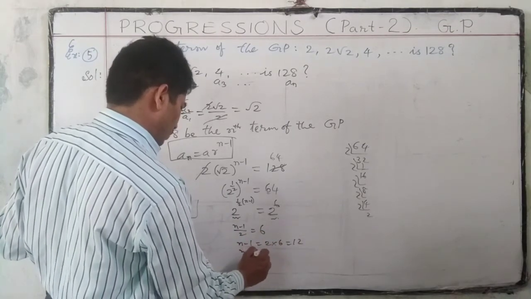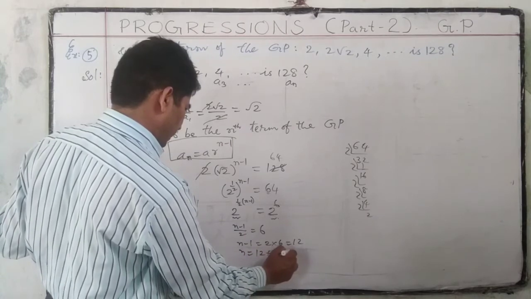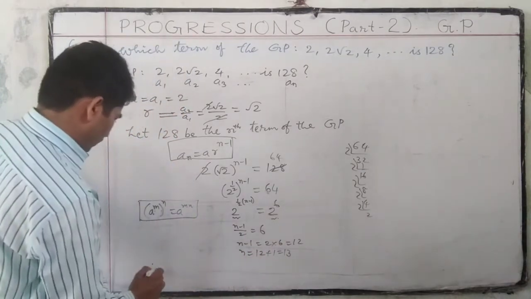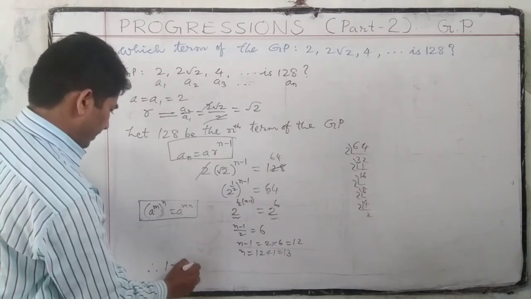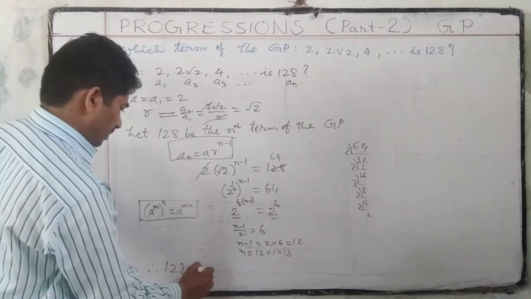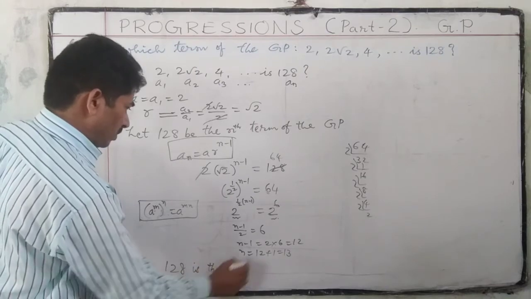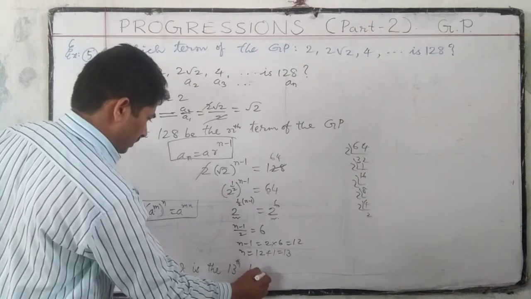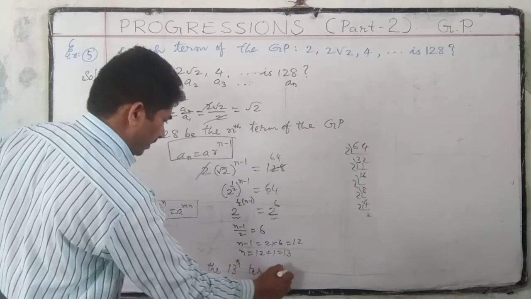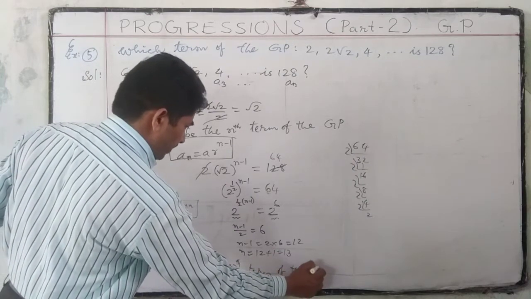N is equal to 12 plus 1, 13. Therefore 128 is the 13th term of the given GP.